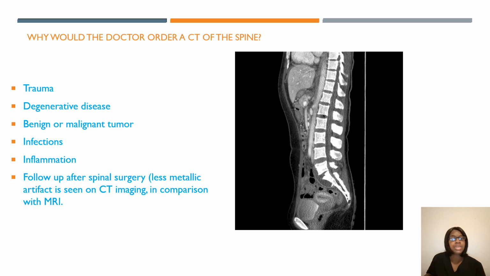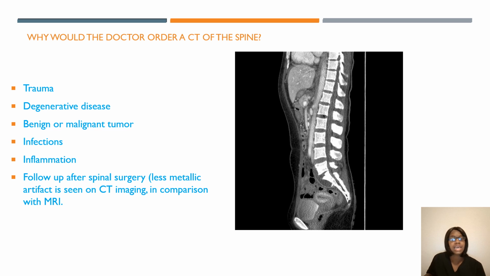If the doctor ordered a CT of the spine, it's mainly because of trauma, some type of disease or infection, inflammation, maybe a tumor was seen on a CT scan or a previous imaging scan. So you want to make sure for the doctor to know if it's benign or malignant.